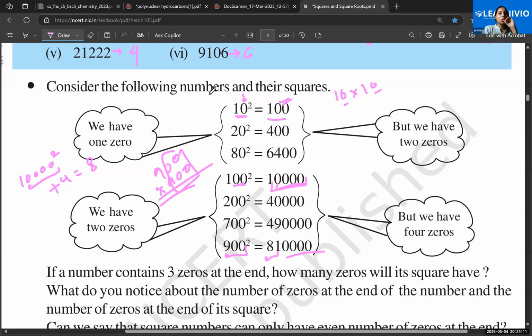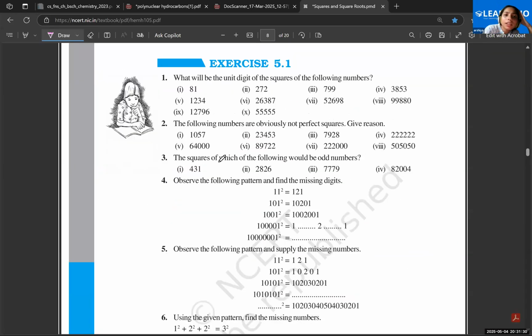All right. So I think we have covered pretty much all the rules. The chapter is not over. This is the first exercise. Till here we have covered, and this we'll continue in the next class.